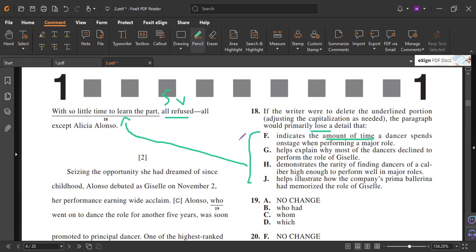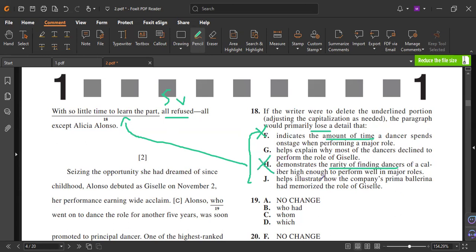This means wrong. Does it demonstrate the rarity of dancers? Do we have anything here about rare? He said so little time to learn the part. He didn't mention that it's rare or scarce. So this means it's wrong.